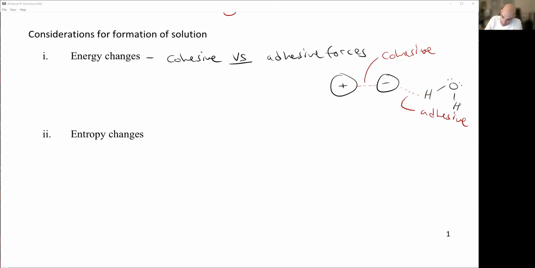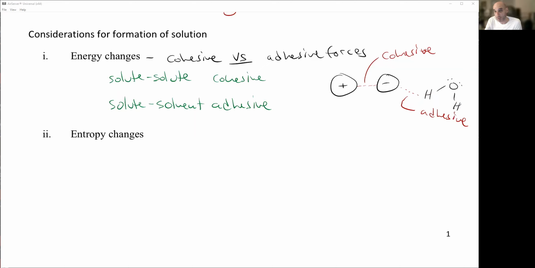In this case, the solute interacting with solute is going to be our cohesive forces, and the solute interaction with the solvent are going to be the adhesive forces.